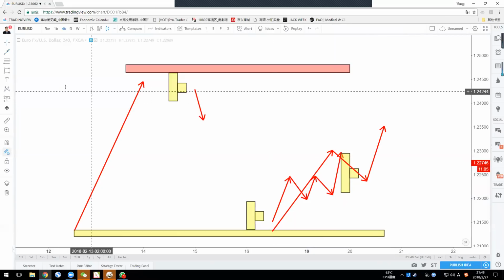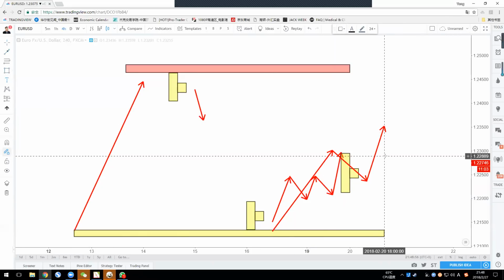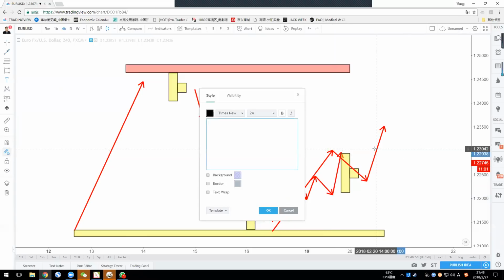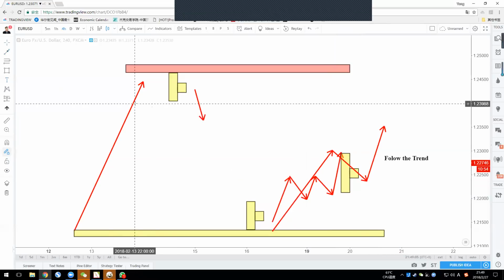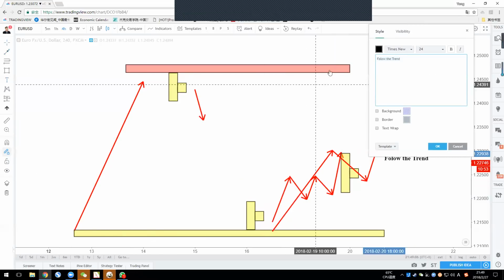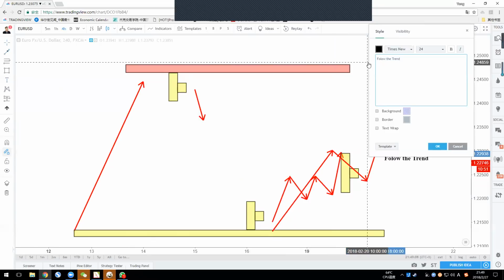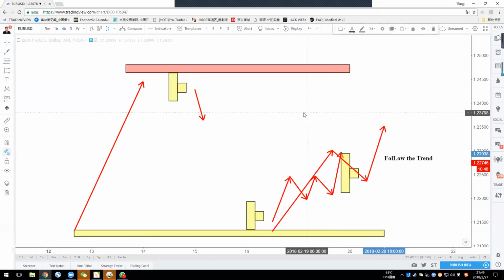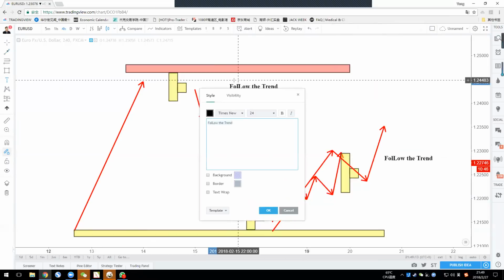So if the inside bar occurs in the middle, the plan is to follow the trend. If the inside bar occurs at the high or at the low, you should be finding a reversal, okay, reversal here.